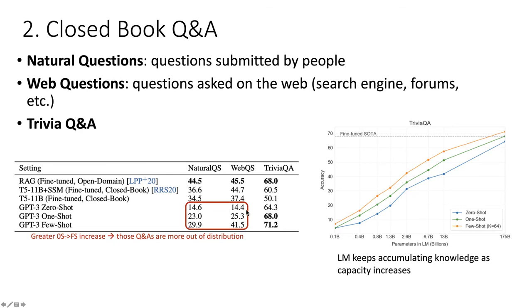What's interesting to point out is that there's a big improvement in performance as you increase the in-context learning. That means that the more context you provide, the better it performs, which means that the task is pretty out of distribution for GPT-3 out of the box.